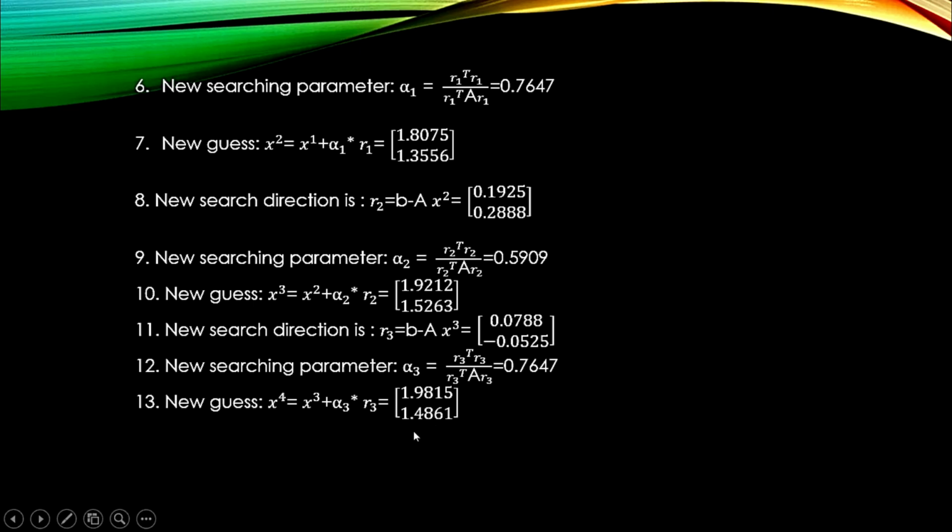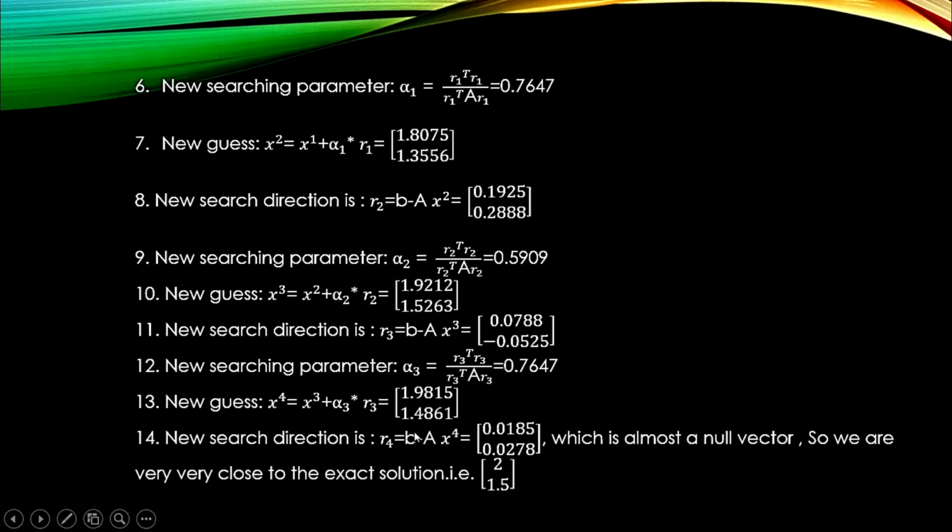So I stop the iteration here, and you can observe from this number of iterations that this method, although very elegant, is not a very efficient method. For this simple system of linear equations, it takes so many steps, so this is not an efficient method. We have to improvise this method, and the improved form of this method is called the conjugate gradient method.